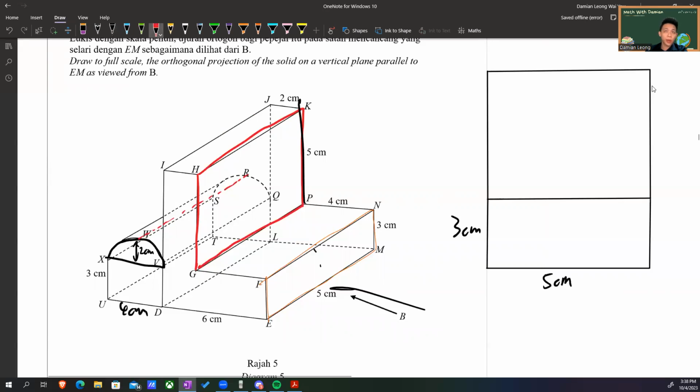Then we also have this line here, the top of this semicircle, which is 3 cm and then another 2 cm from the bottom. So we measure 2 cm here, and we have a dotted line. It will be a horizontal line, but it won't be a solid line. It will be a dotted line, like this.